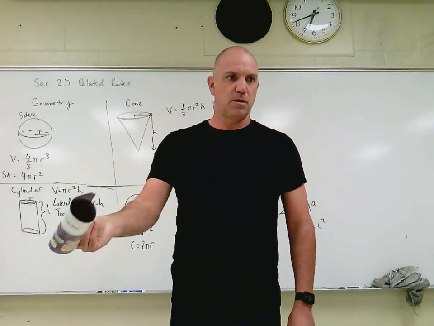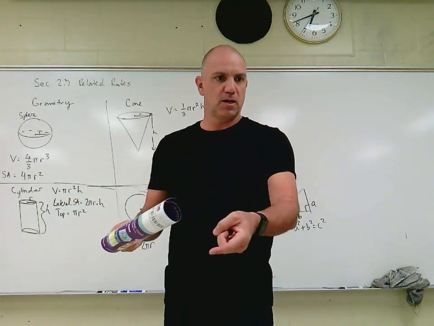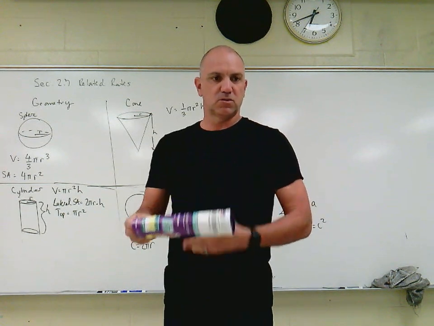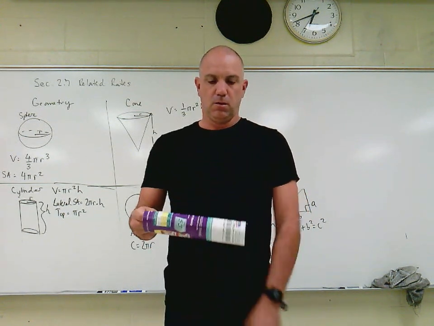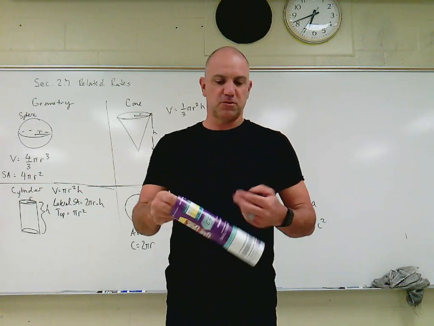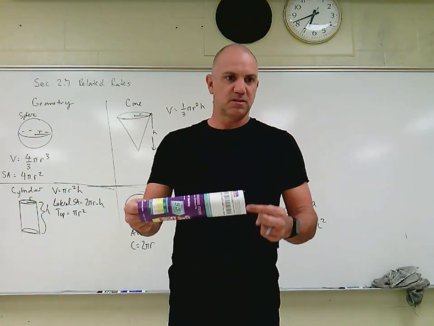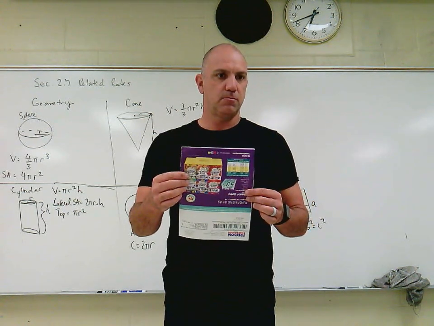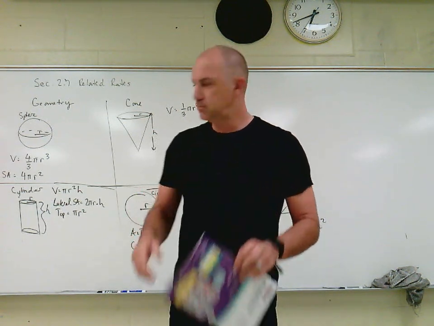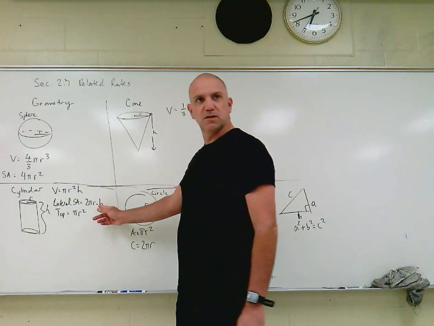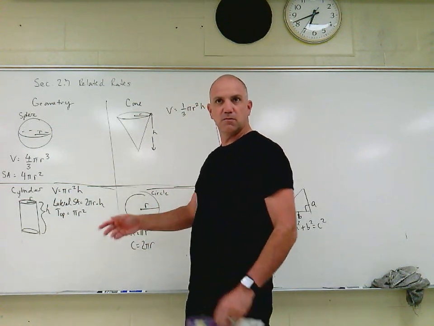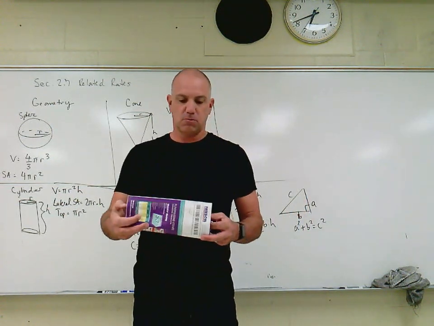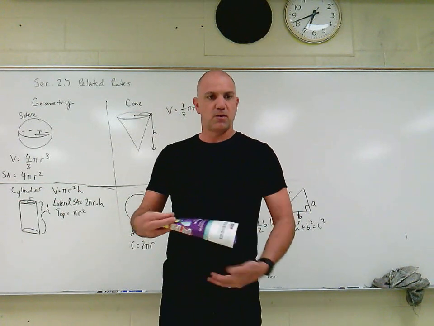That's a cylinder, right? This is a circle at the end. So what's the surface area here? Well, the lateral surface area of a cylinder is just the distance around here times the height because it's a rectangle. 2 pi r is the distance around the circle, height is the height of the cylinder, see? It's a rectangle. We want to know this area.